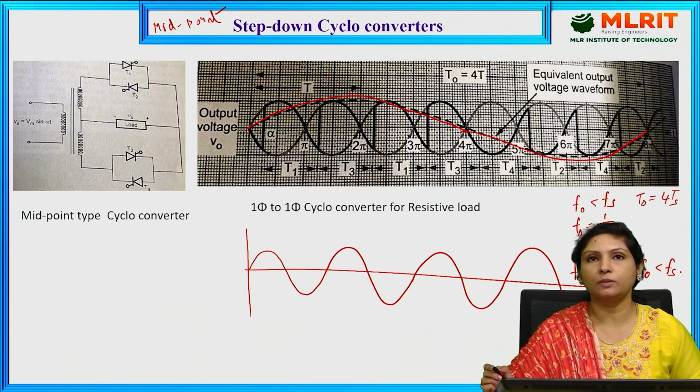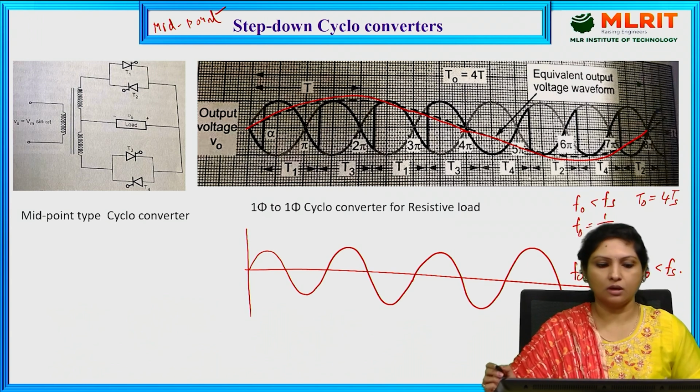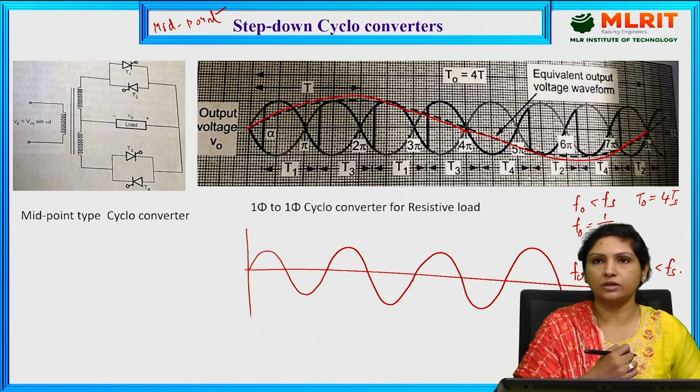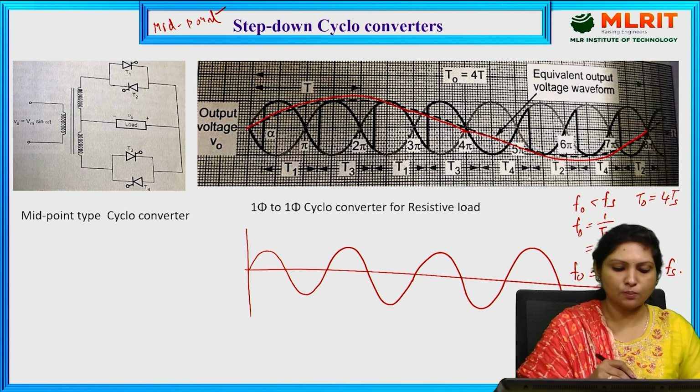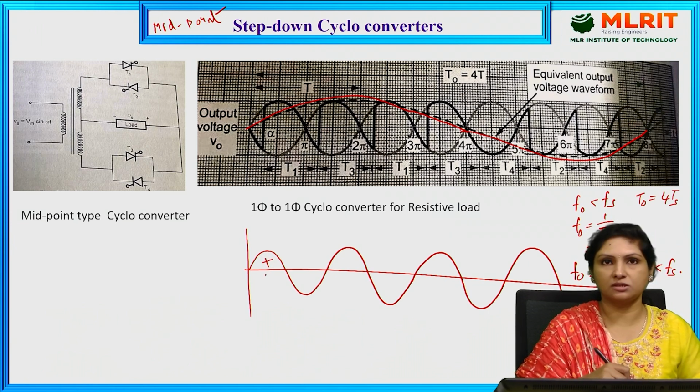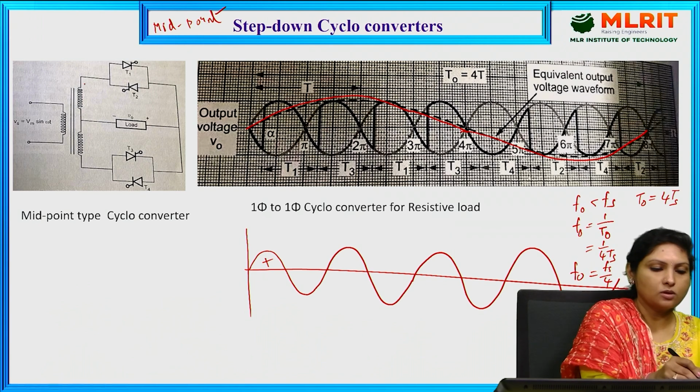And in order to obtain such kind of output, we need to trigger the thyristors accordingly and obtain the required output. During the positive half cycle of the supply voltage, polarities will be positive, negative.